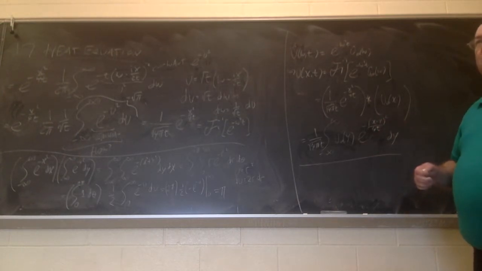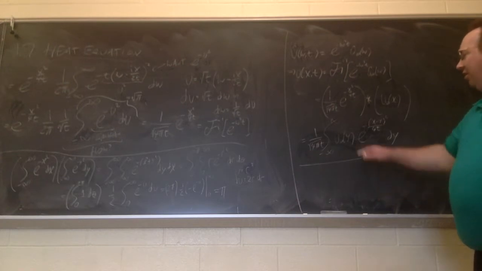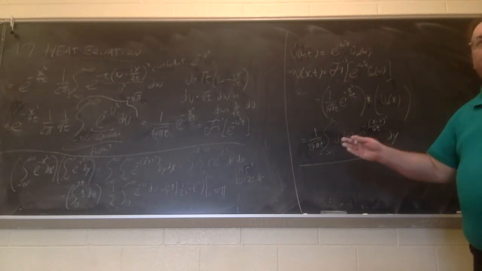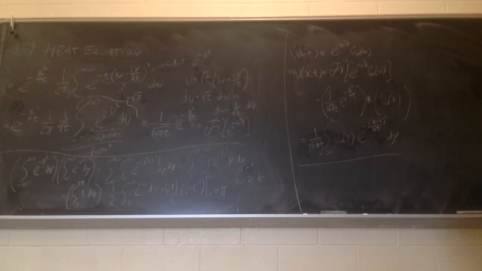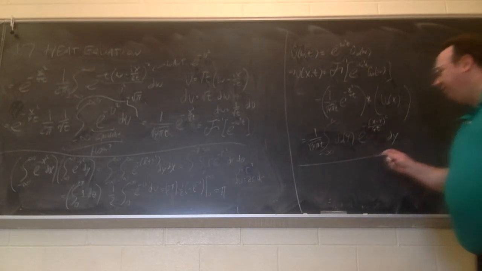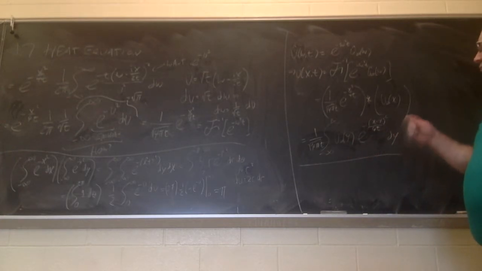So values away from x are given lesser and lesser weight because this exponential is decaying as y moves away from x. So that's how there's the effect of smoothing u naught of y.